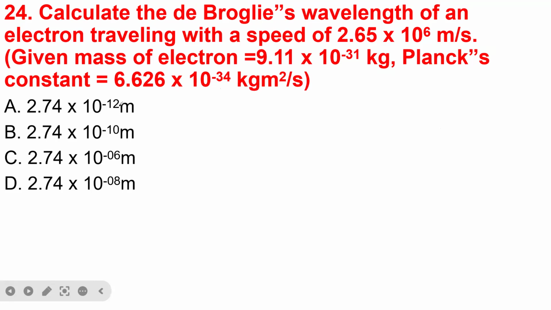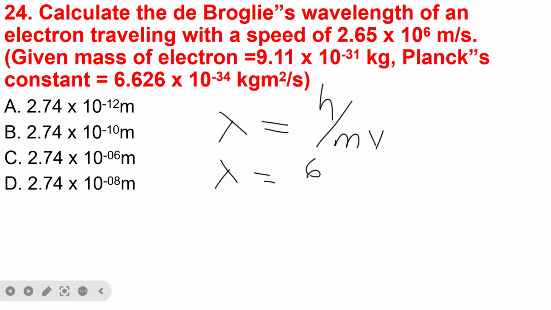The formula for calculating the de Broglie wavelength is lambda equals h over mv. Here m stands for mass, v for velocity, h is the Planck constant, and lambda is the de Broglie wavelength. So we are now just going to substitute.